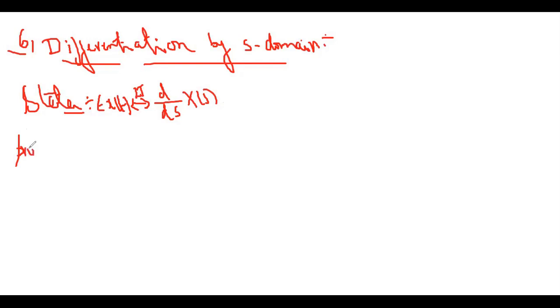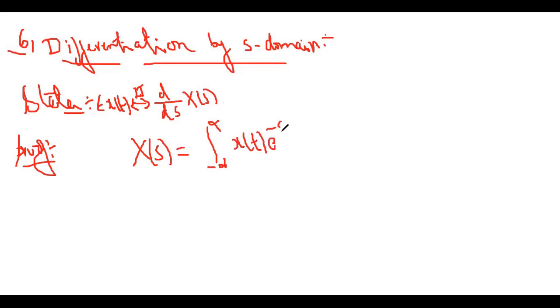Let me go over the proof. According to the definition of the Laplace transformation, X(s) is equal to the integral from minus infinity to infinity of x of t e power minus st dt. For the Fourier transformation and the Laplace transformation, the only difference is that instead of s, there is a j omega.